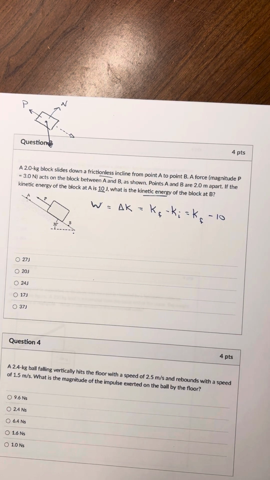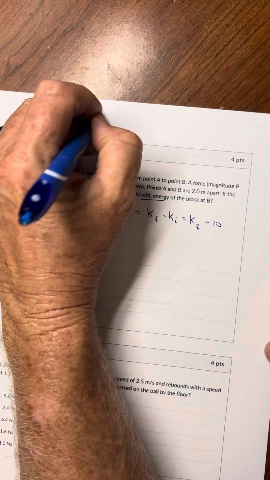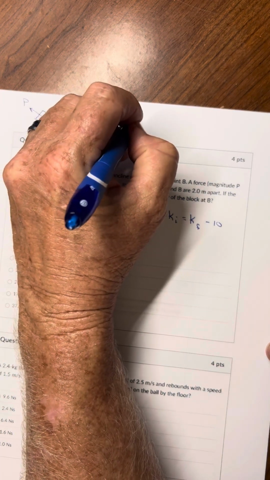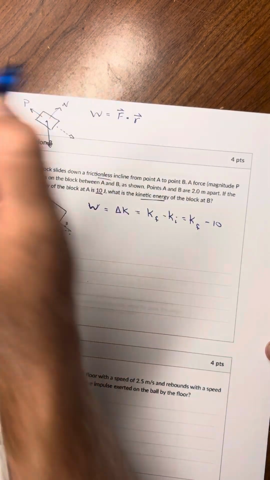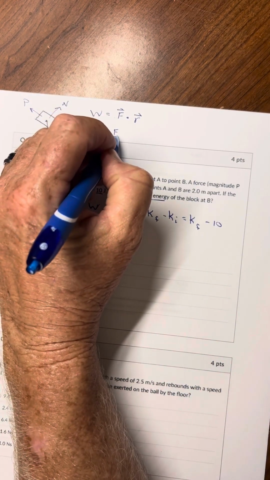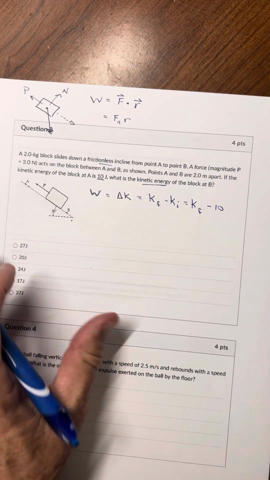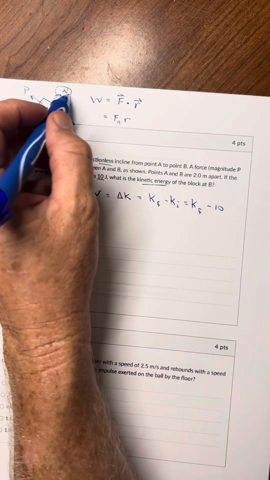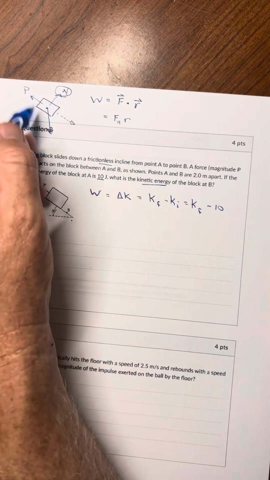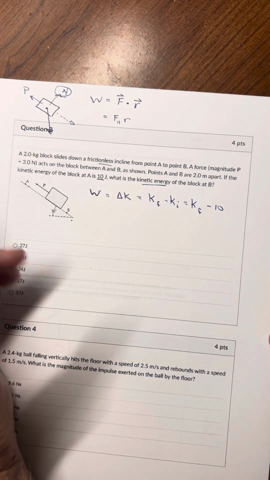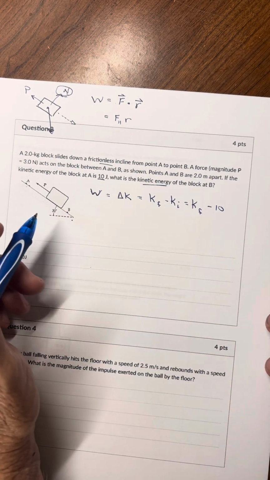And the key here is that if you remember, work is force dot distance, F dot r. But basically, it is the force parallel to the distance it moves. So, in other words, the normal force is irrelevant here. There is no component of the normal force in the direction it moves. And so the force from the incline doesn't make it go faster or slower.